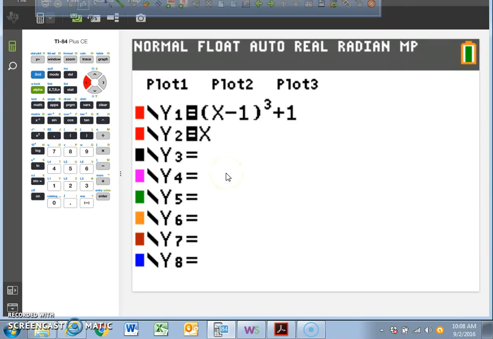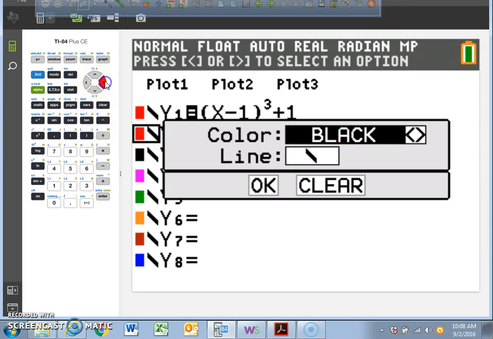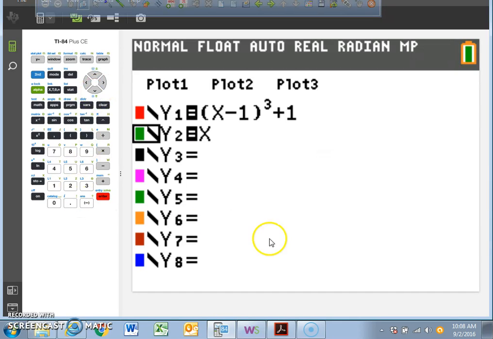No, y equals x is the identity function where y is equal to x. It's a line. No, constant is a number, like y equals 2, y equals 1, y equals 3. Okay? So we're going to hit enter. Instead of red, I'm going to change it to green. I'm sorry that you don't like green. I apologize. It's okay. Now the graph is good.